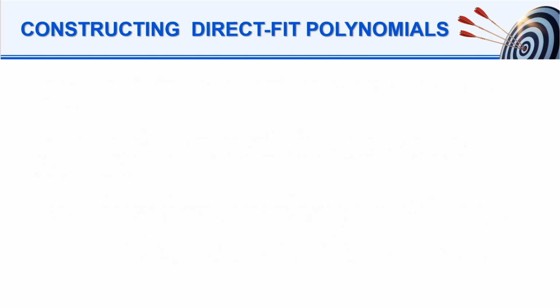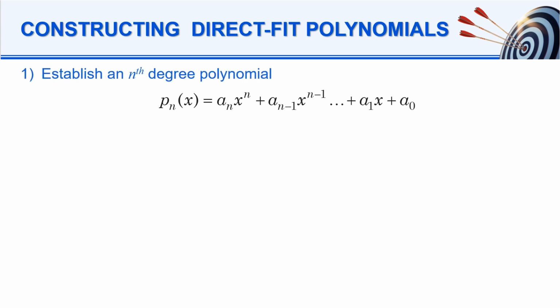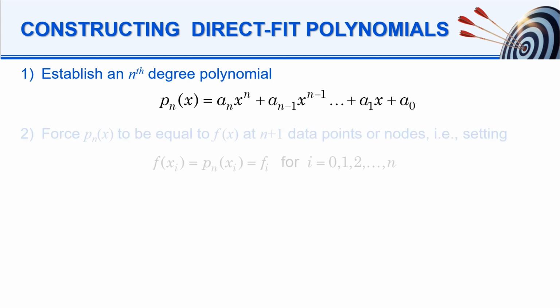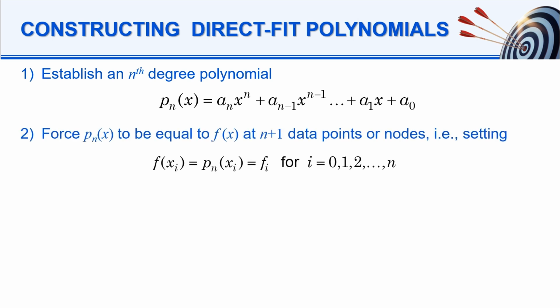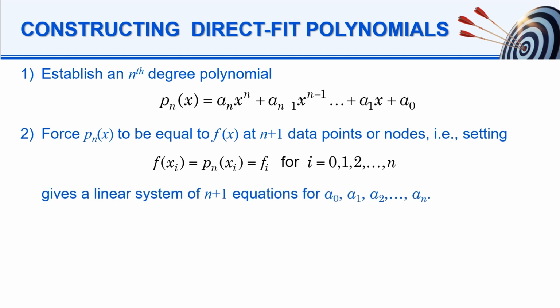Follow these steps to create a direct fit polynomial. 1. Establish an nth degree polynomial. 2. Force the polynomial to be equal to f(x) at n plus 1 data points or nodes, i.e., setting f(xi) to p_n(xi) for all i gives a linear system of n plus 1 equations for a0, a1, a2, through an. 3.